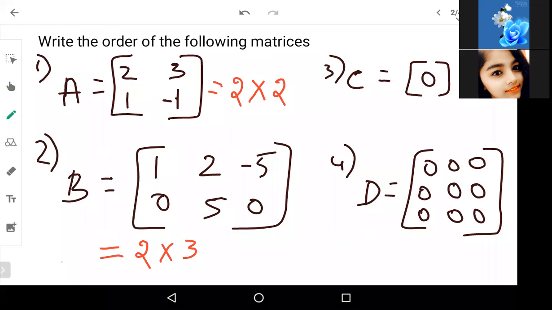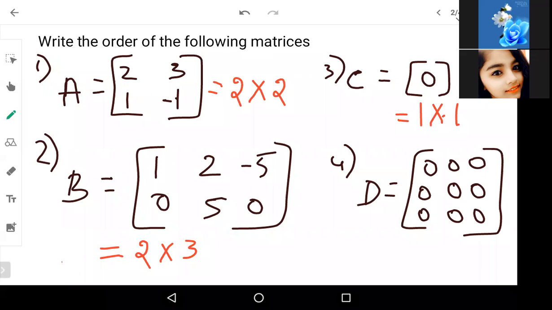Now tell me for matrix C, how many rows and how many columns are there? Correct. 1 row and 1 column, so it is a 1 into 1 matrix.